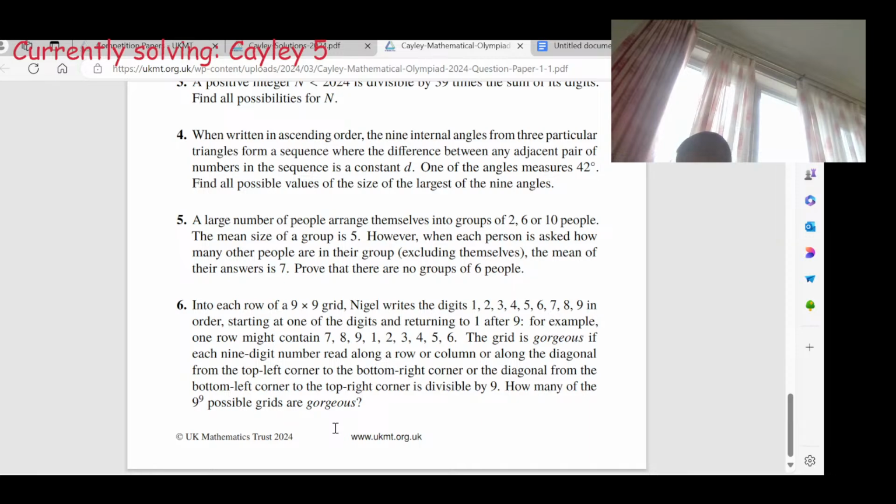Well, if we substitute this in, 92x minus 60z equals 28x minus 28z.